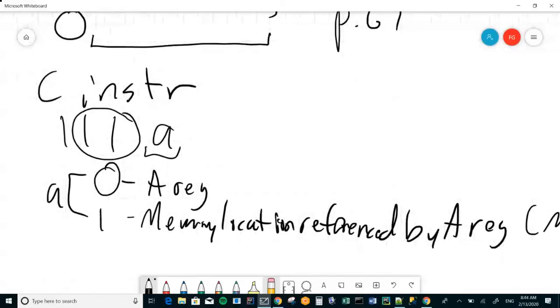Now, you no doubt remember this from when you were writing your solutions for project 4. But it's really worth talking about here because this A is going to be the select bit input for a multiplexer that has as concrete inputs the A register value and the value from RAM.